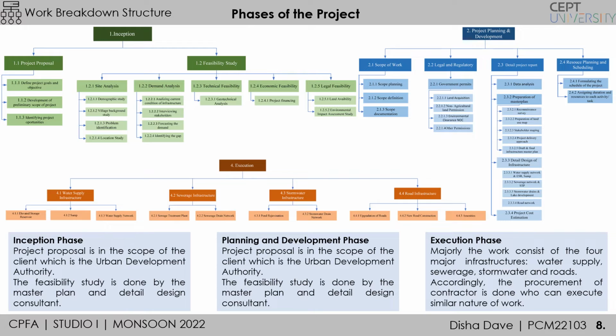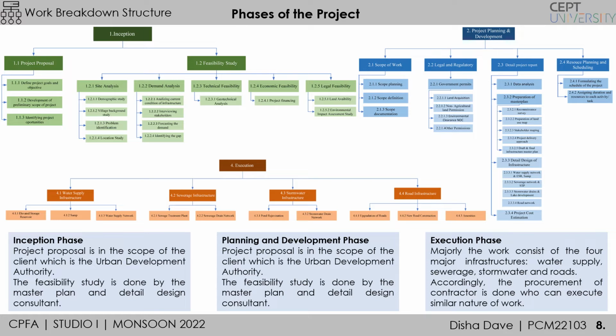Currently, the village doesn't have a black water network. Only a gray water network is there, and that too is directly drained into the river, which is adjacent to the village.